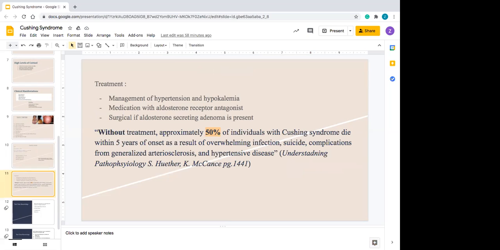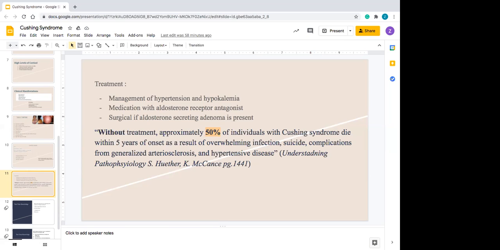Go ahead. So for treatment, they want to have management of the hypertension, medication with aldosterone receptor antagonists, and surgery if an aldosterone-secreting adenoma is present.